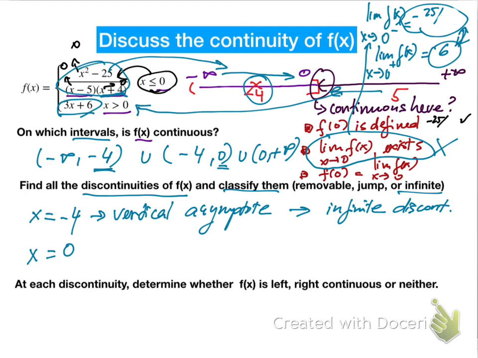My arithmetic is not right here, so it should be negative 20. So you jump from negative 25 over negative 20 to 6. Then at 0, the connecting point, you have a jump discontinuity.